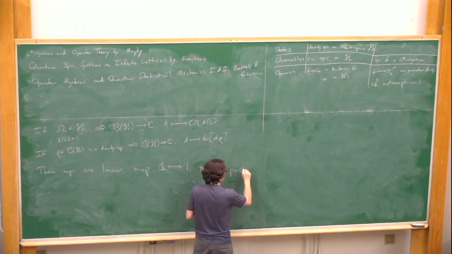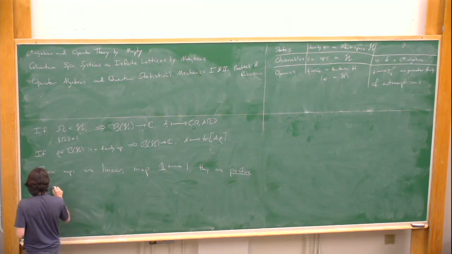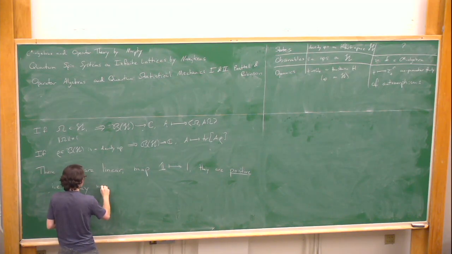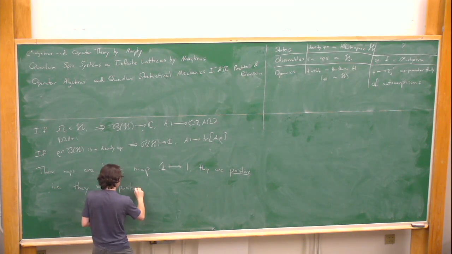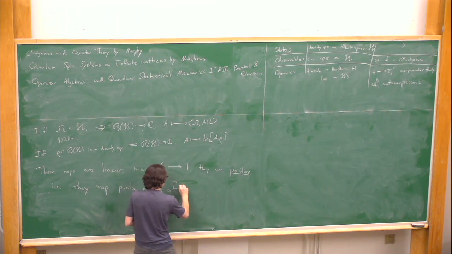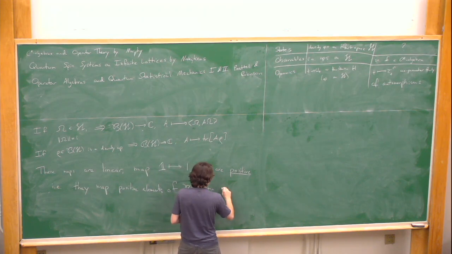And I'll say what that means. In other words, a map is positive if it maps positive elements of B of H to non-negative real numbers.